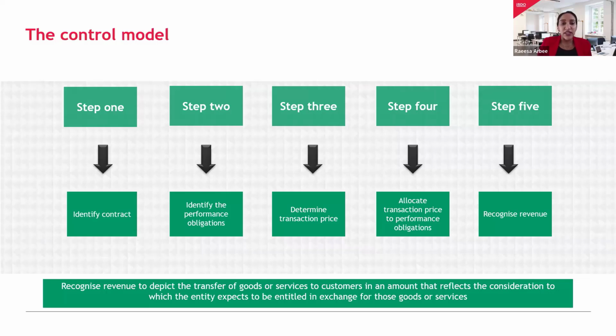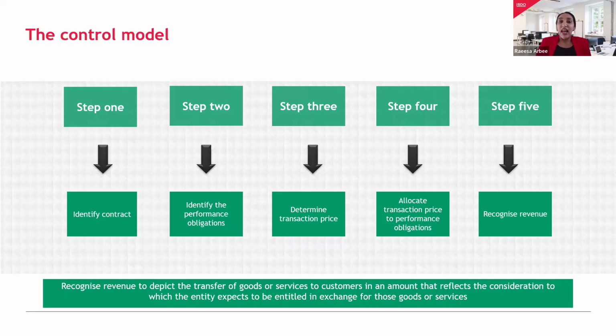In the 3rd and 4th step, a vendor determines the transaction price of the entire contract and then allocates that transaction price among the different performance obligations that they've identified in step 2. And then in the fifth step, the vendor assesses whether it has satisfied those performance obligations over time or at a point in time and recognizes revenue in accordance with that. And so now we're going to delve into each step of the model in a little bit more detail, as well as looking at some examples.